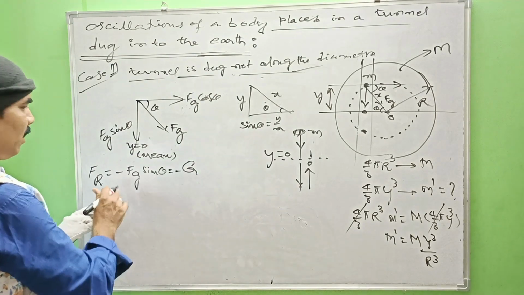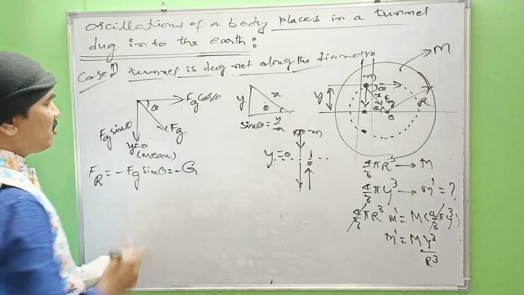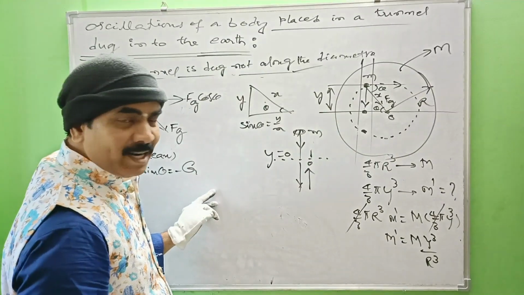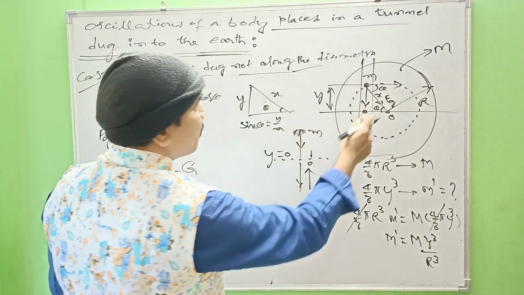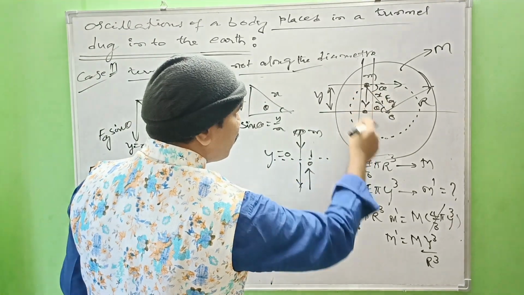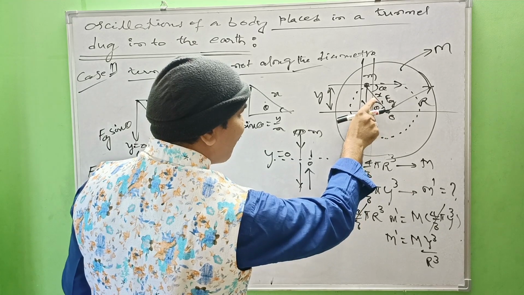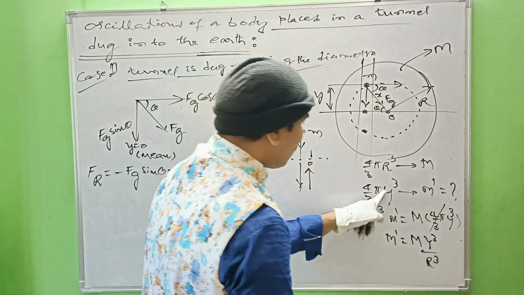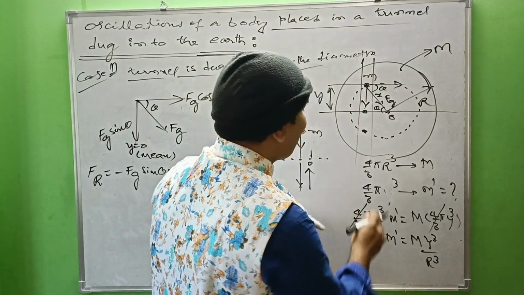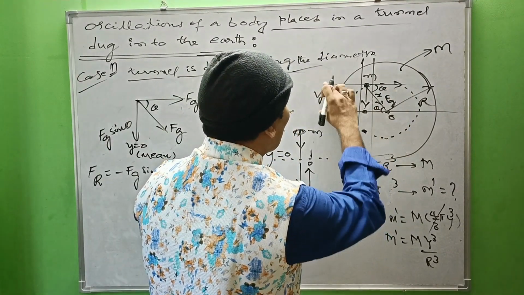Now, minus Fg means minus G into M1 M2 by distance square. What is M1 here? Whenever the radius of the effective sphere is x, replace y by x. This time the radius of the effective sphere is not y, it is x.